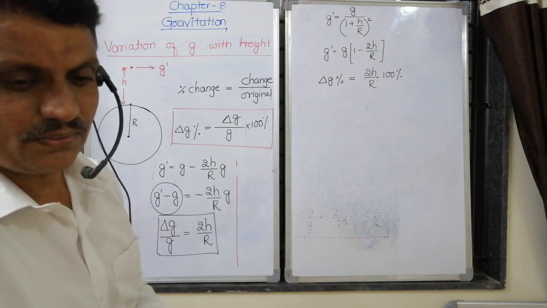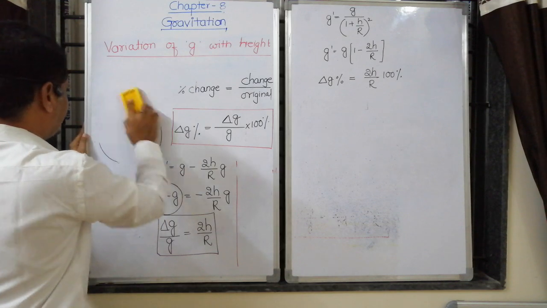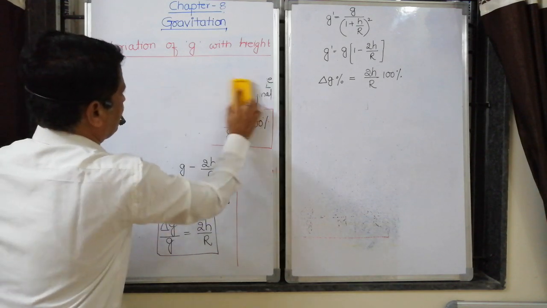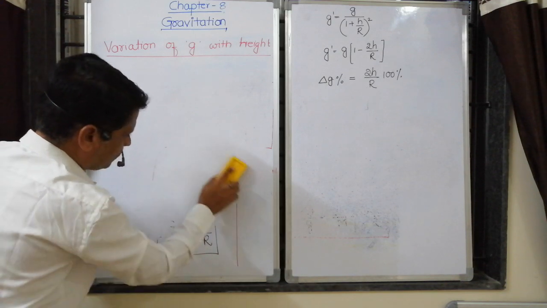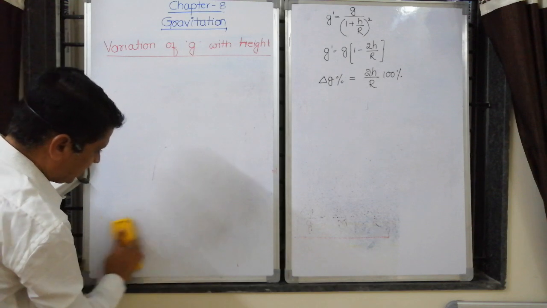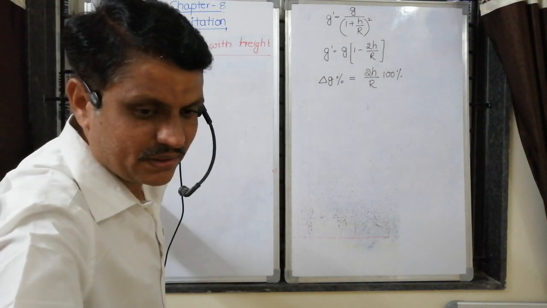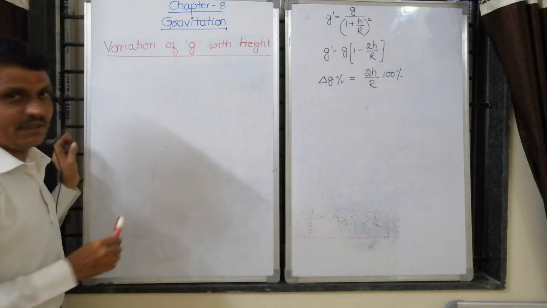Now let us go to some examples on this. Actually, different and typical questions are appearing from this heading, but those can be solved using the law of conservation of energy very easily as compared to here.